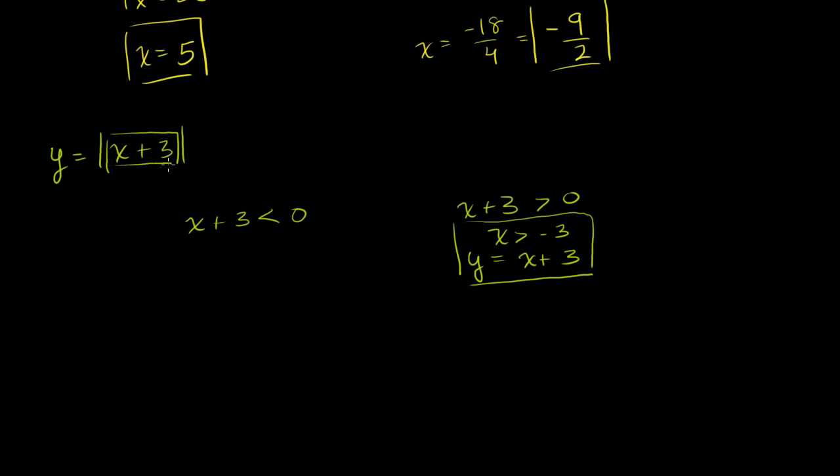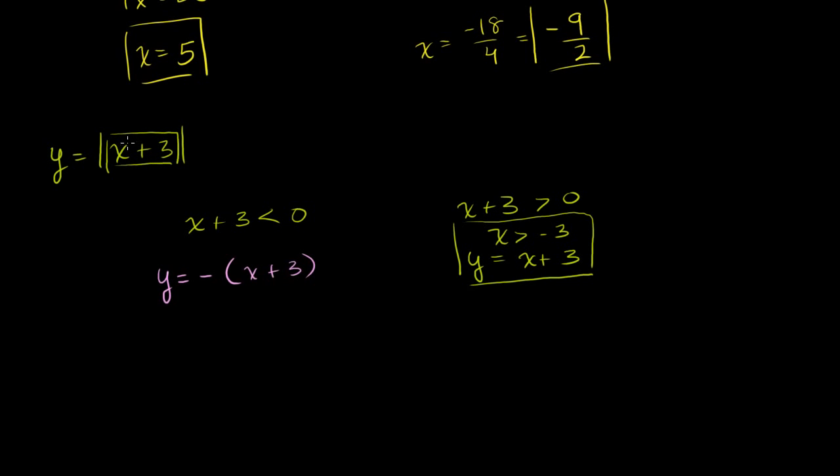Now, when x plus 3 is less than 0, in the situation where the inside of our absolute value sign is negative, this equation is going to be y is equal to the negative of x plus 3. How can I say that? Well, if x plus 3 is going to be a negative number, which is what we're assuming here, then when you take the absolute value of a negative number, you're going to make it positive. That's just like multiplying it by negative 1.